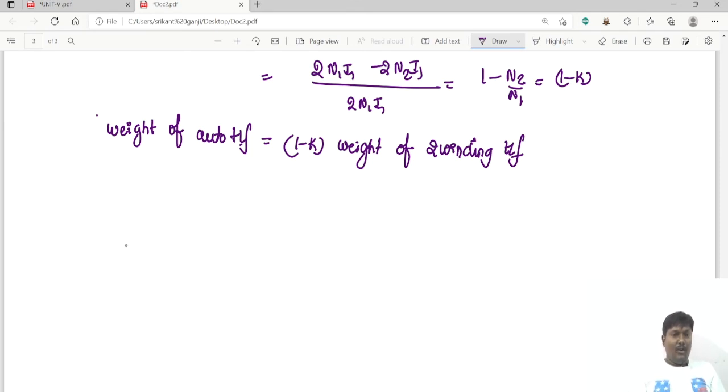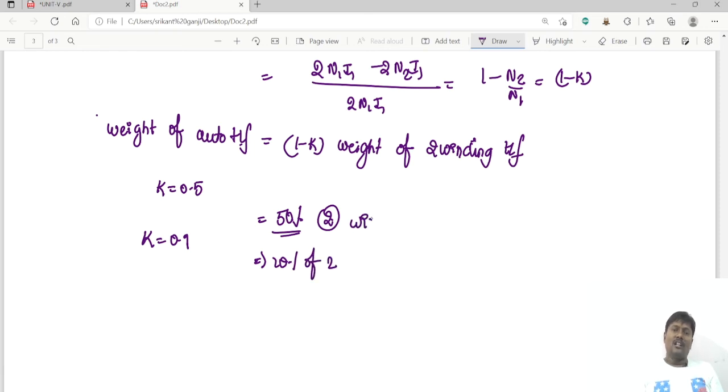So how much copper is saved? Suppose K value is 0.5, the weight of the auto transformer is 50% of the two winding transformer. If K value is 0.9, then it is only 10% of the two winding transformer.